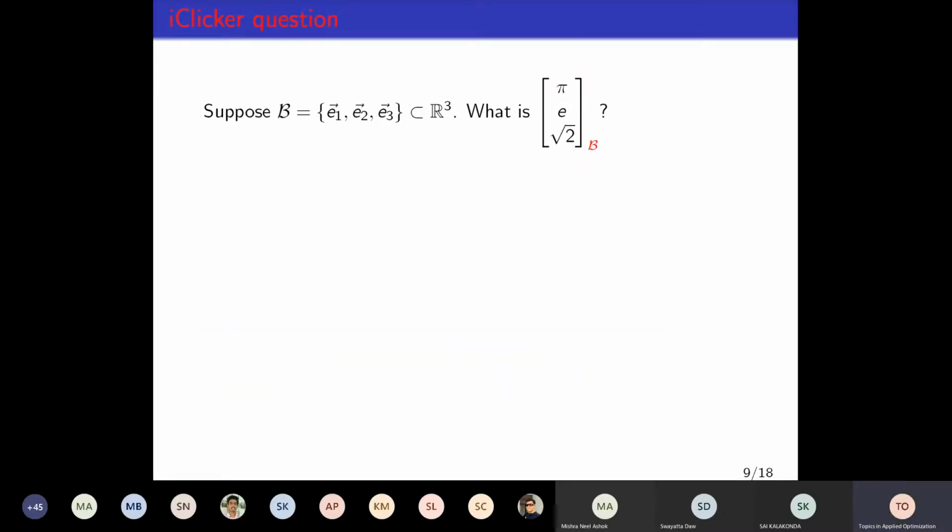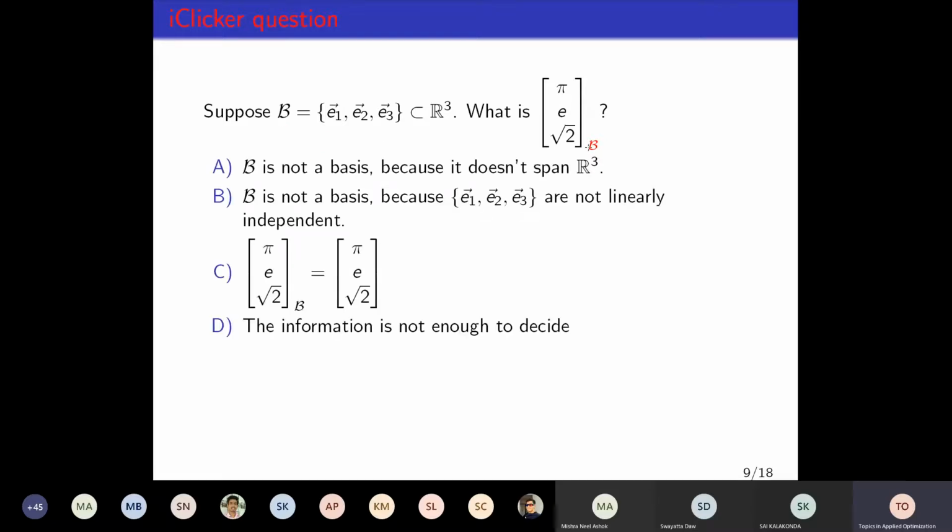Okay, so this is one example you can think of, where a basis B is given, and what is (pi, e, root 2) with respect to B?